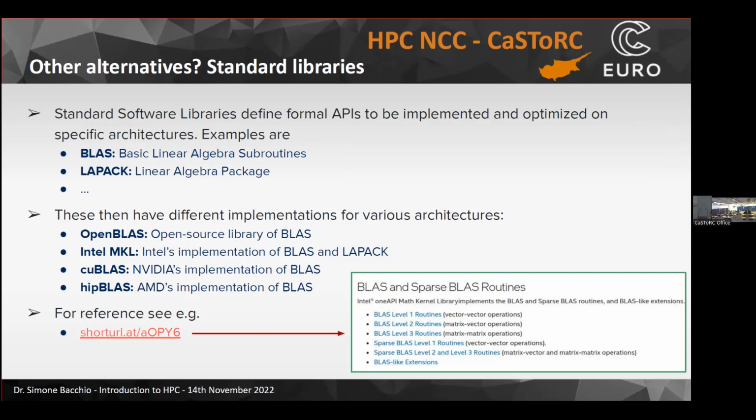Like MPI, which you're going to look at with Yannis tomorrow. The focus of these standard libraries is not to provide the code, but to provide a set of functions that you can use in your code, which are then implemented by different hardware providers for their own architecture.